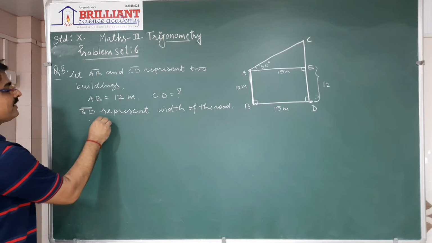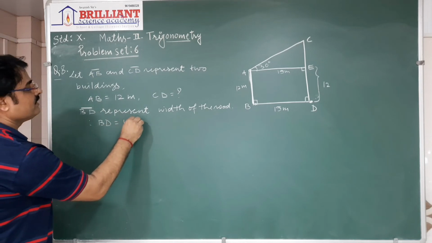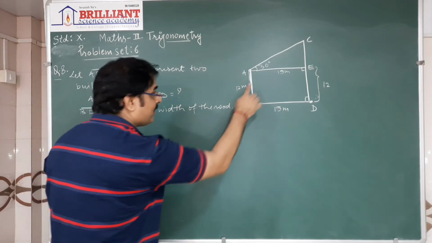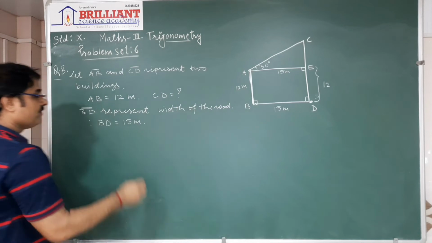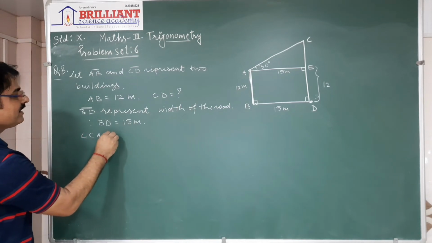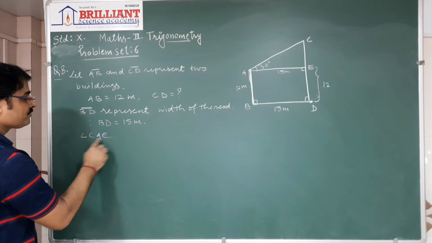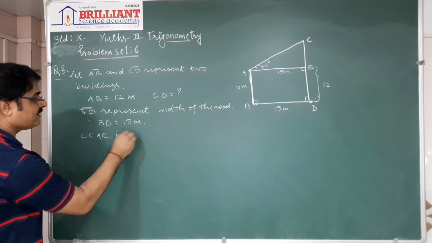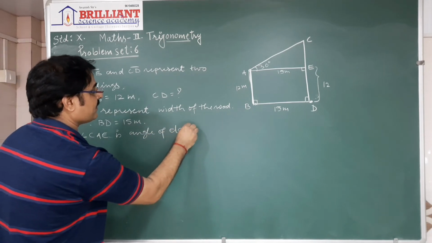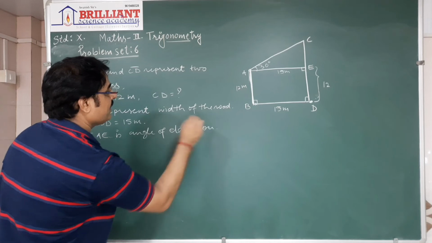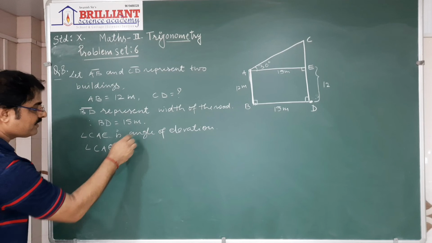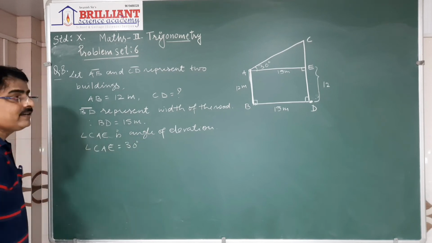So right here BD is equal to 15 meter. And which angle is the angle of elevation? This angle CAE is the angle of elevation. Now this angle CAE, this angle of elevation, is given as 30 degree.